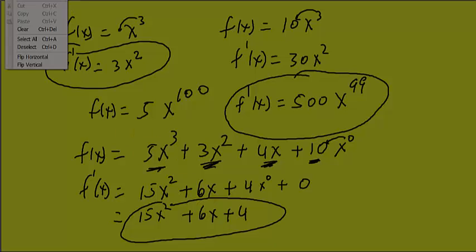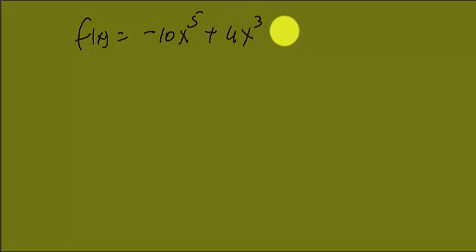Okay, let's do a couple more of these polynomials real quick. Let's say my f of x is equal to negative 10x to the fifth plus 4x to the third minus 3x plus 100.